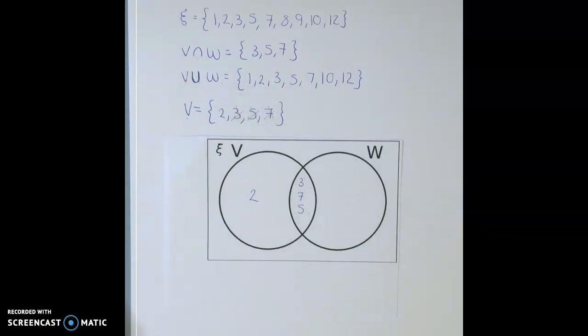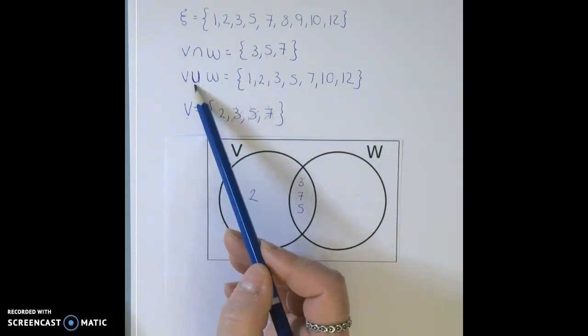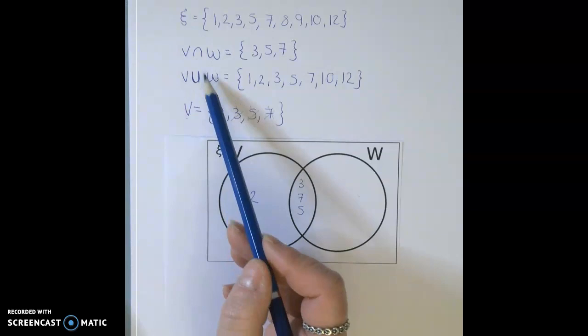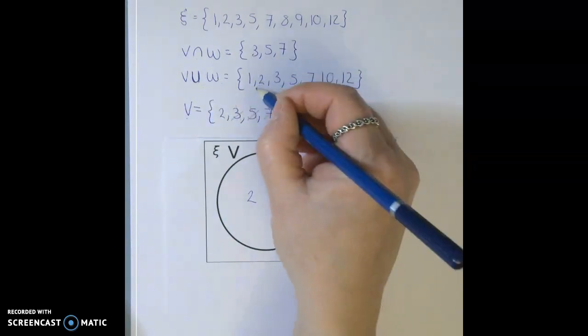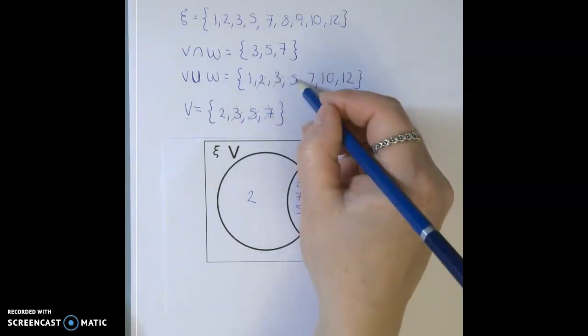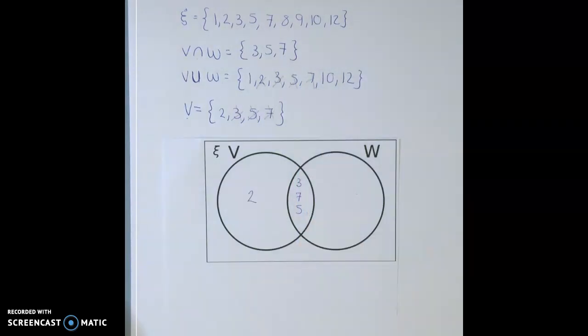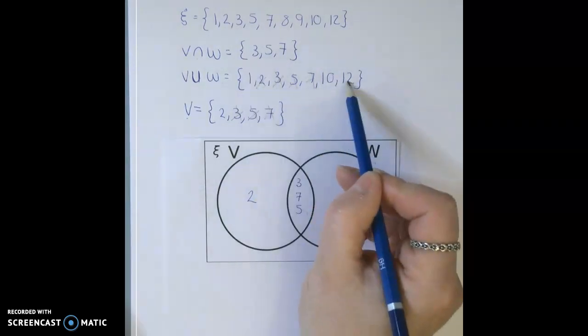So now we can cross off the numbers that are in subset V from our subset V union W, so the ones that are in V or in W. So we can cross these off here, the 2, the 3, the 5 and the 7. So we know we are left with 1, 10 and 12.